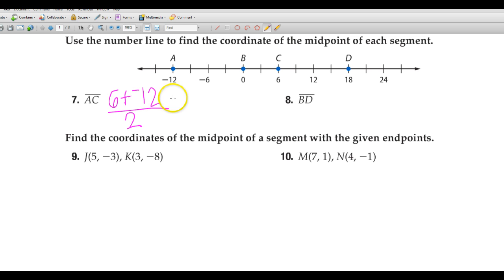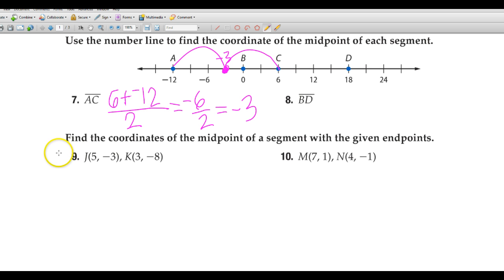And then divide that by 2. And you can check it on the number line. So we would have, what is this going by? 3s. Right. So -3 would be right there. And that's halfway between those 2 points.